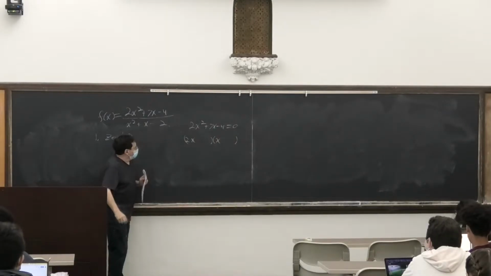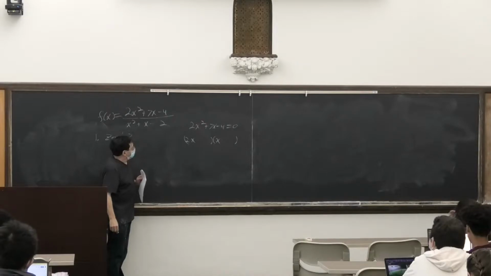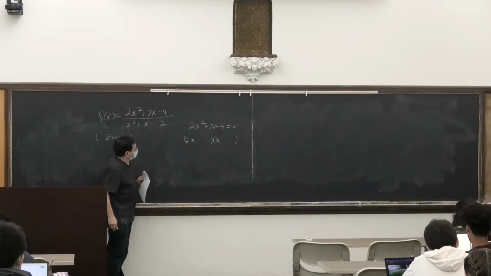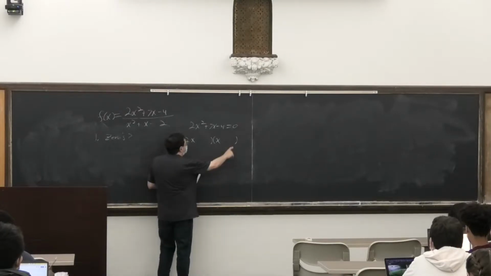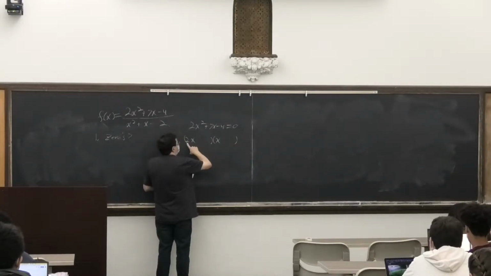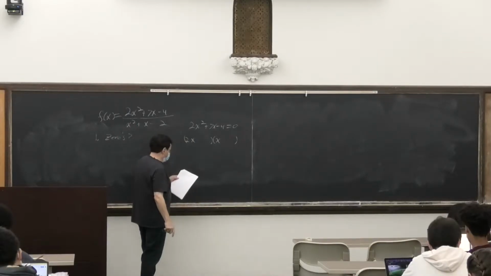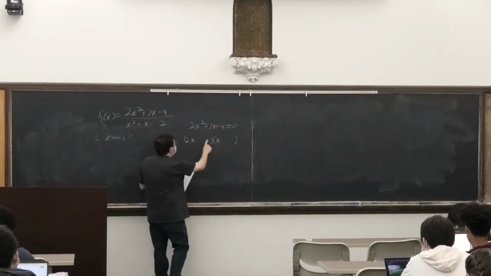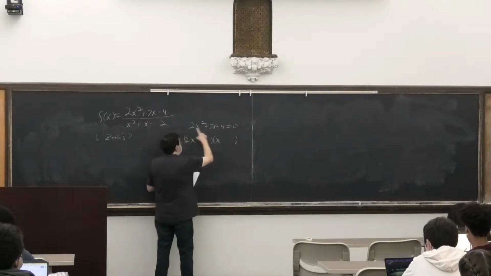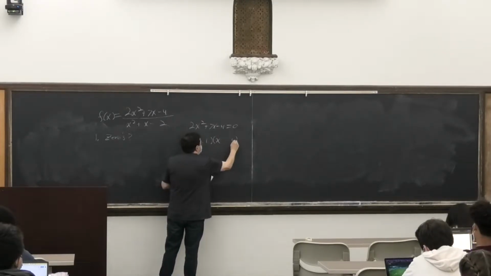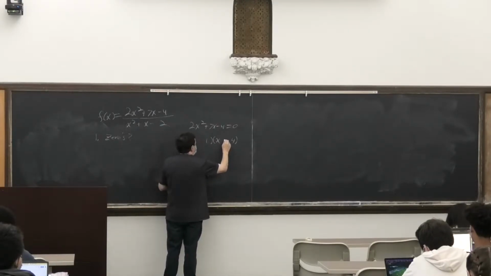Now we have to see, is that going to factor nice and easily? 2 times 2 is 4. No, that's not going to work. 1 and 4. Well, that's 8 minus 1. So, like that.